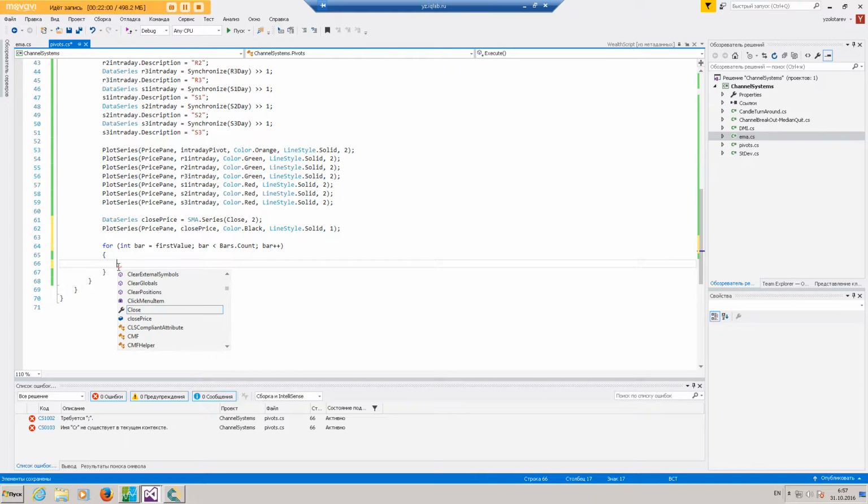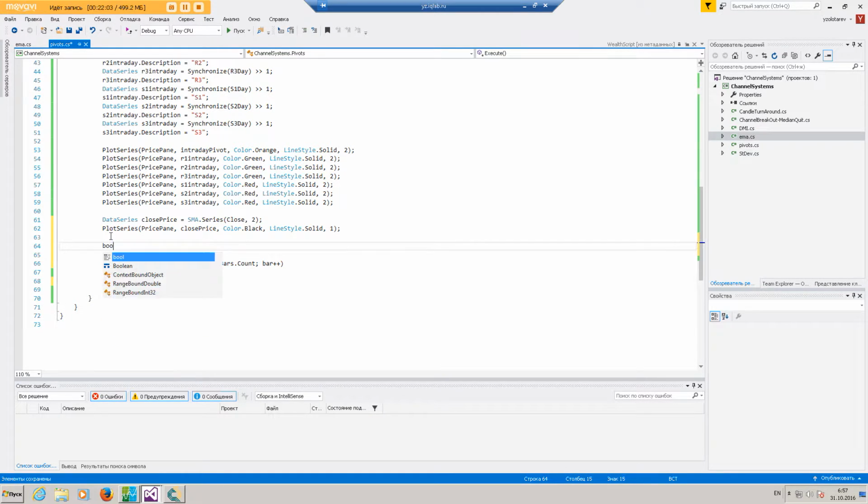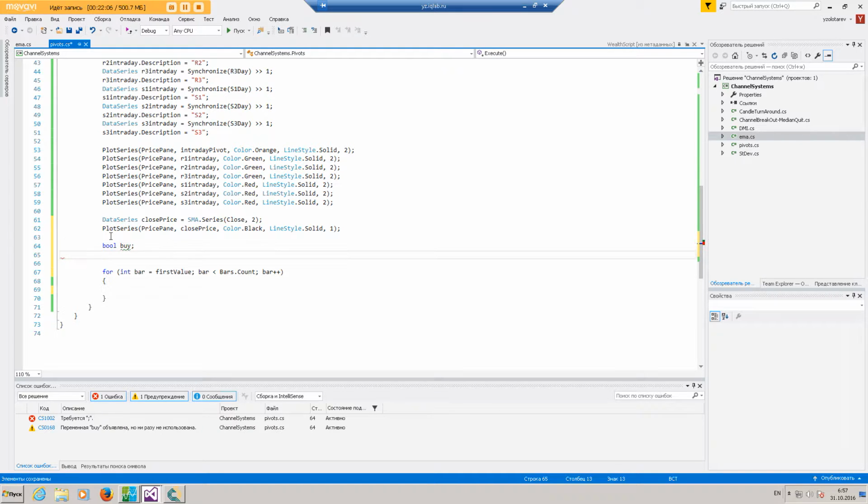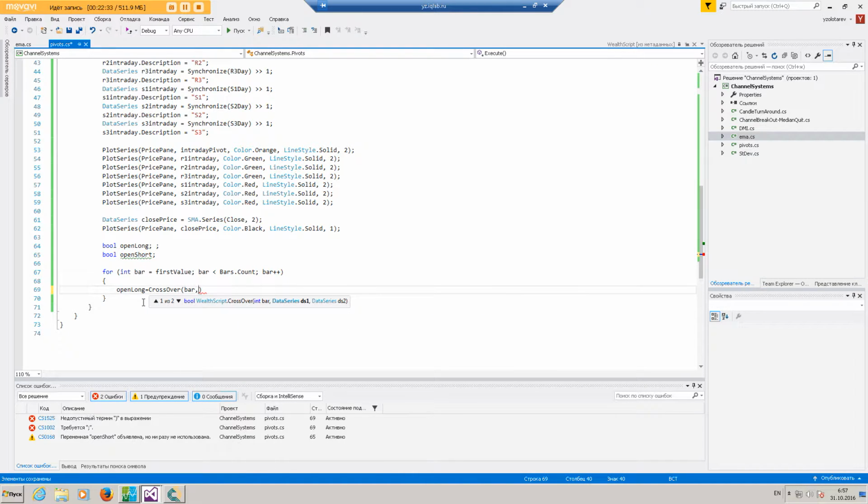So I'm gonna have 2 situations: open long and open short. See, because Wealth has a short as its variable, open long, so they're the same. Now open long is going to be true whenever we get a crossover on bar of close price goes over the intraday pivot.